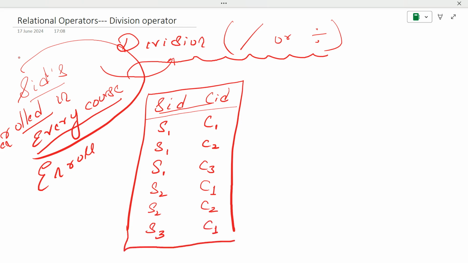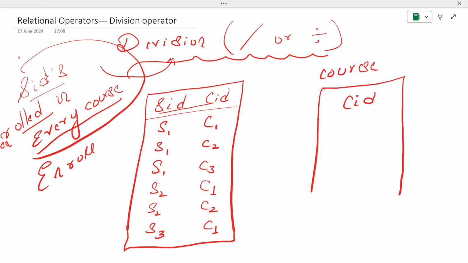Okay, so this is our enroll relation, and we have one more course relation. This relation consists of the CID, and inside the CID we have attributes like C1, C2, and C3.